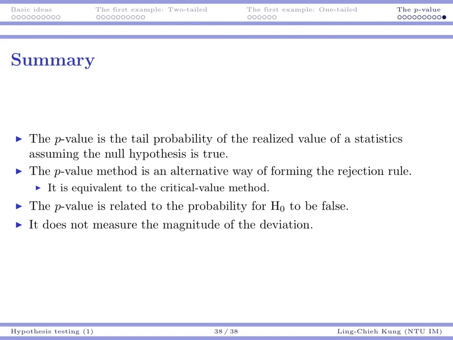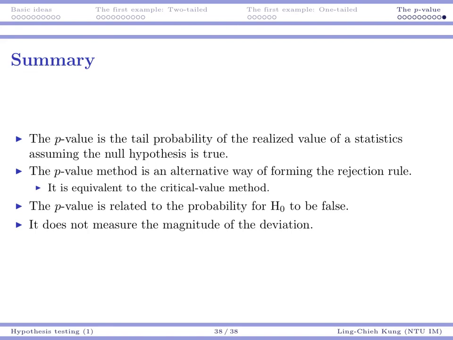When the p-value is quite small, then we have strong evidence showing that H0 is false. So those two things are related. The p-value can be used to decide the significance of your deviation. When the p-value is very small, you say H0 is false.